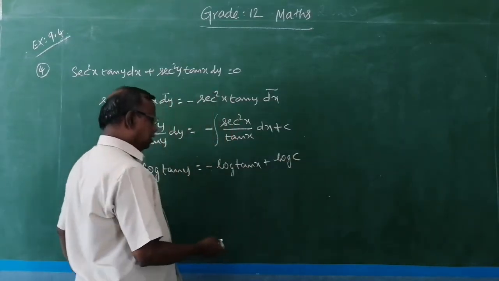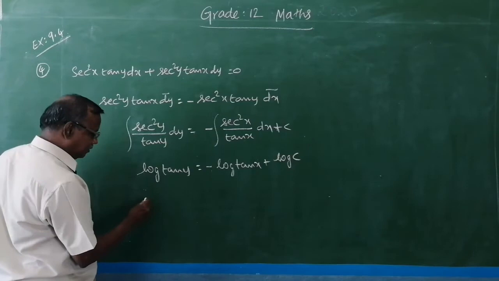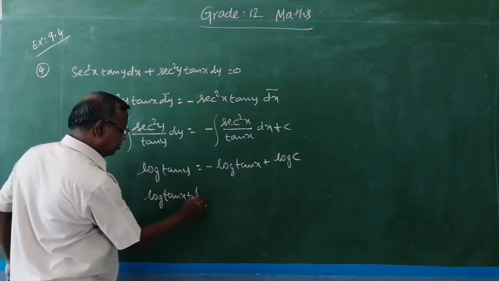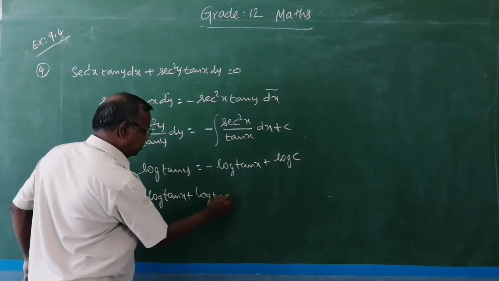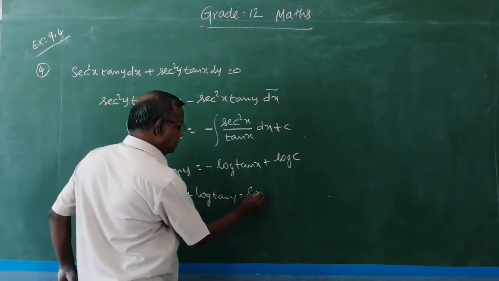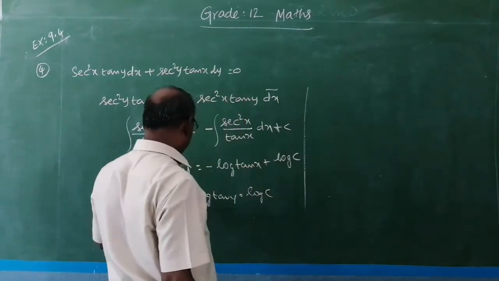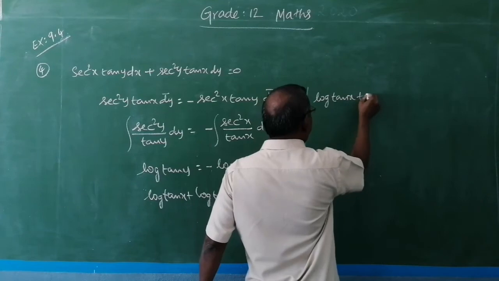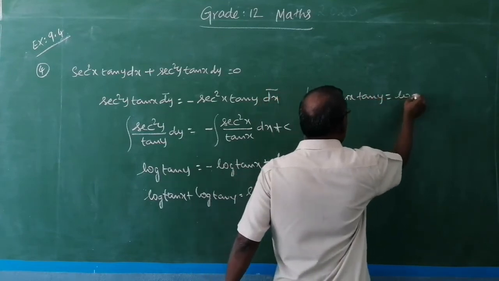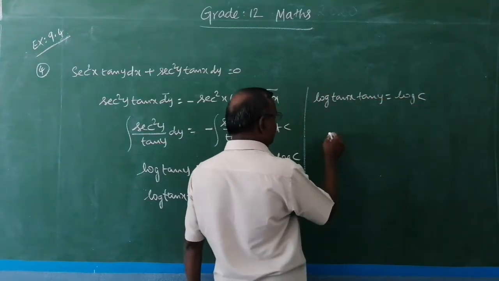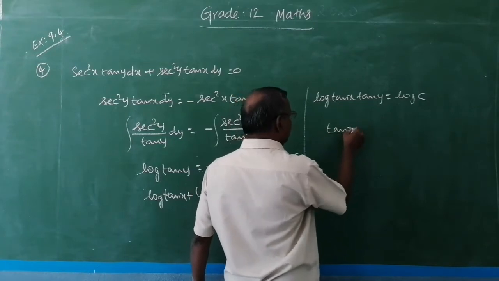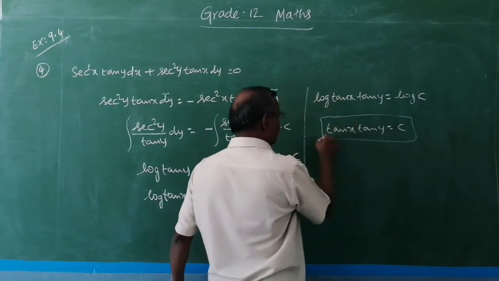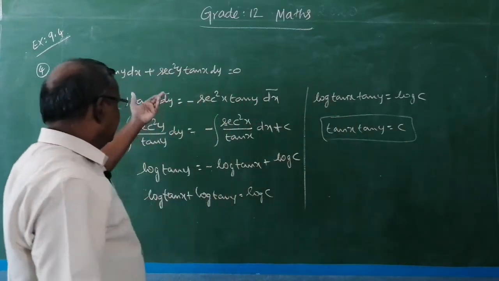So bring the log tan x to the left side, so it is log tan x plus log tan y equal to log c. Log a plus log b equal to log ab, that is log of tan x into tan y equal to log c. Taking antilog on both sides, we have tan x into tan y equal to c. So this is the general solution for the given differential equation.